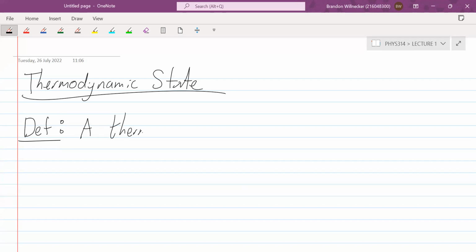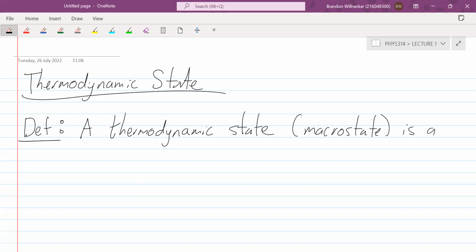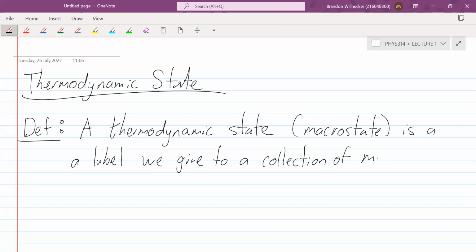A thermodynamic state, and remember when I say states, I mean macro states, is a label we give to a collection of microstates that have a common property or properties.